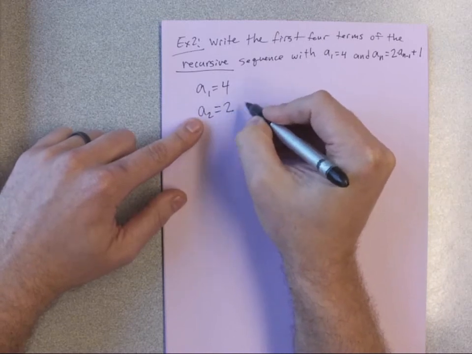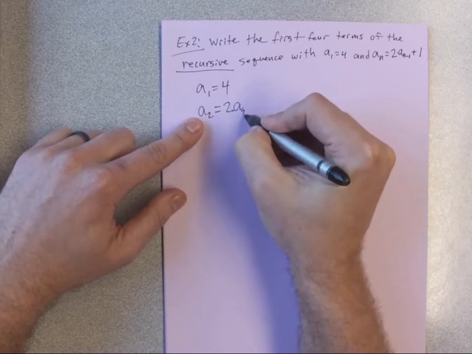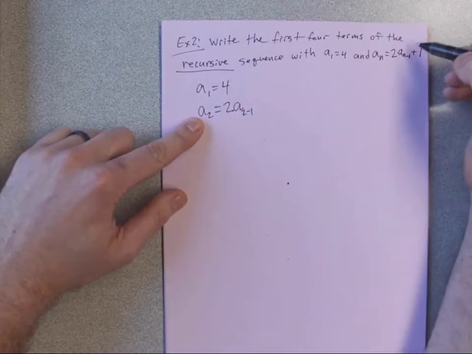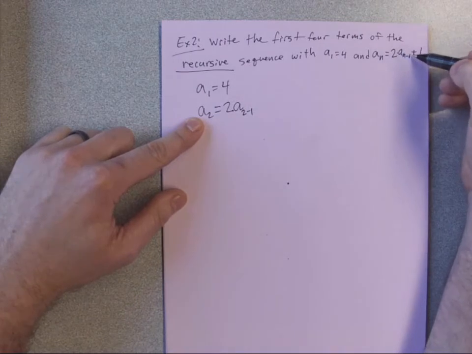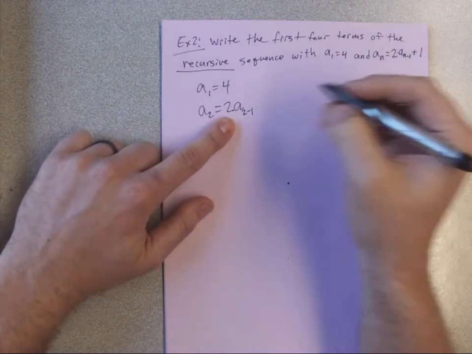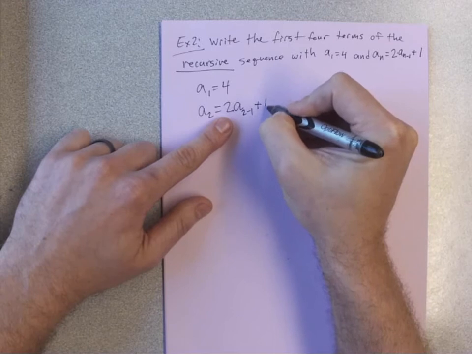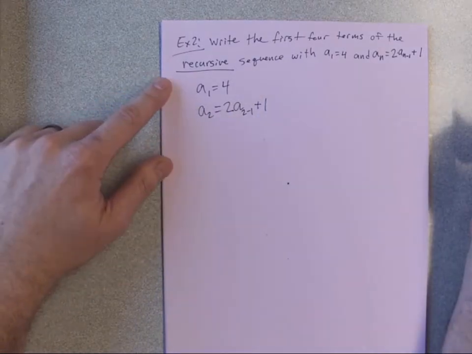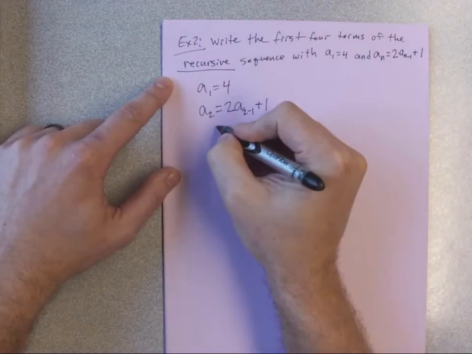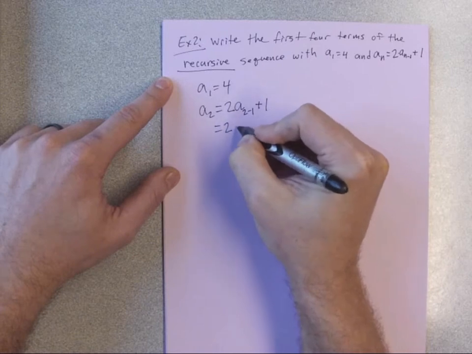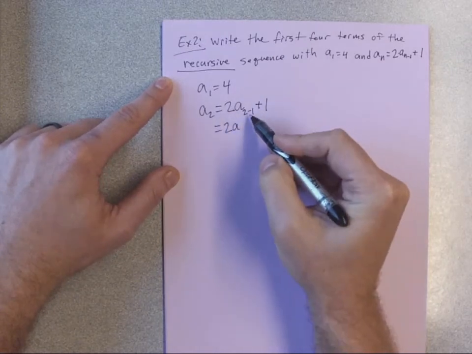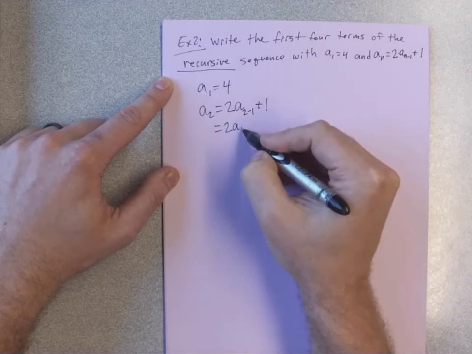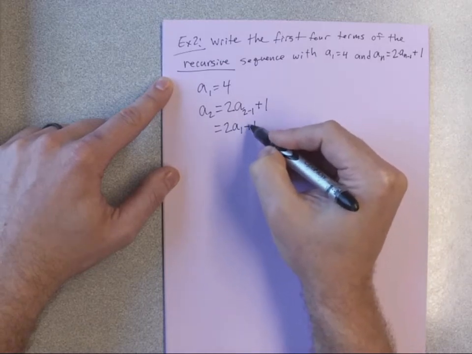Over here we had 2 times A sub n minus 1, so that's where this comes from. And then all of that you add 1 to when you're finished. That's equal to 2 times A, and then just do the subtraction here. 2 minus 1 is 1, plus 1 on the outside.